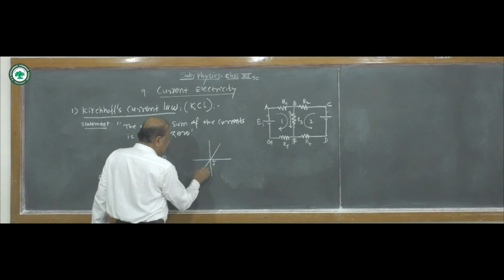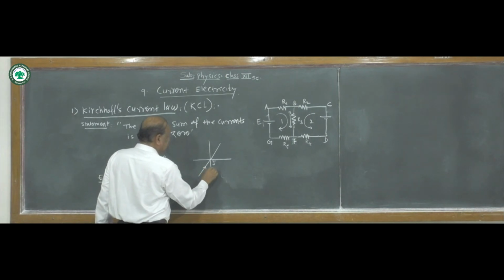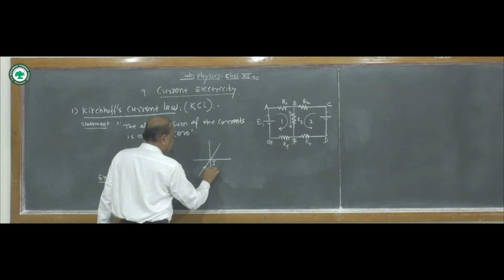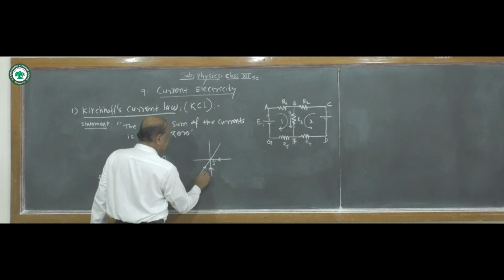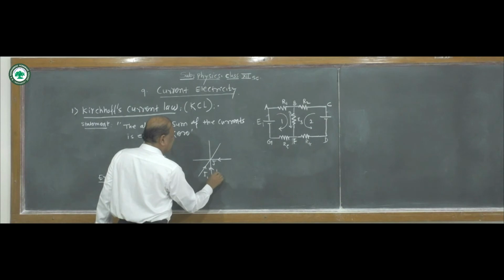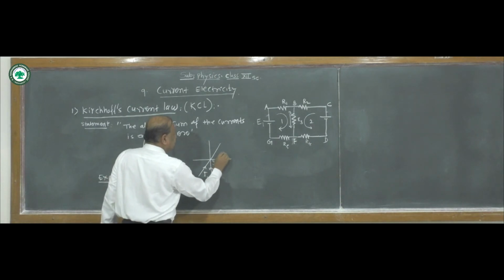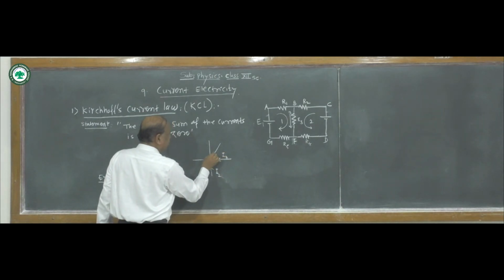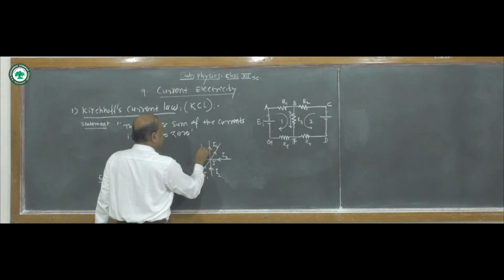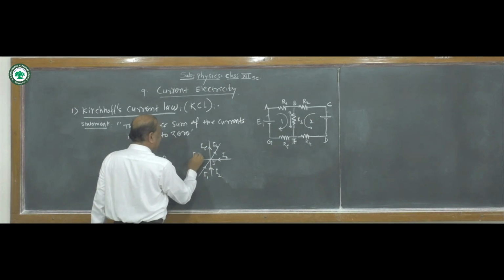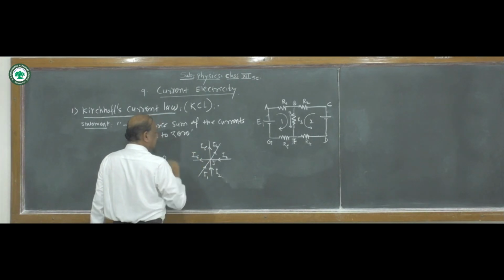Now here consider the currents entering the junction. This is current I1, this is current I2, this is current I3. Now this is I4, this is again I5, and this is I6.